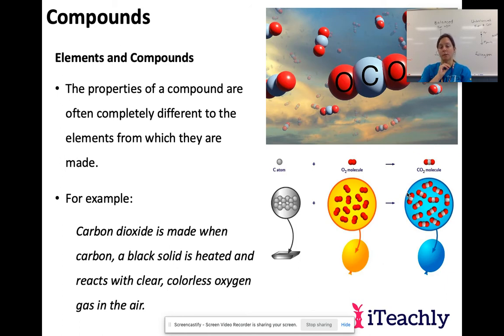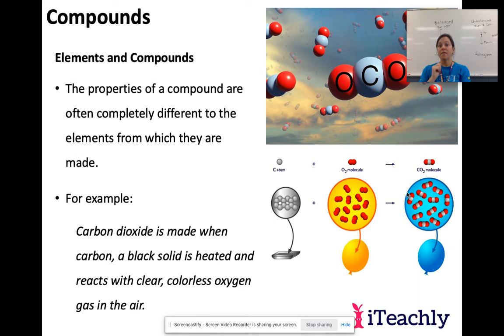So if I take carbon, carbon is going to have very specific chemical properties by itself. It's going to be dark, black, solid. Oxygen by itself, the element. Breathe in, it's what fills my lungs so that I can use my brain and use my muscles. So I've got oxygen to get my energy.